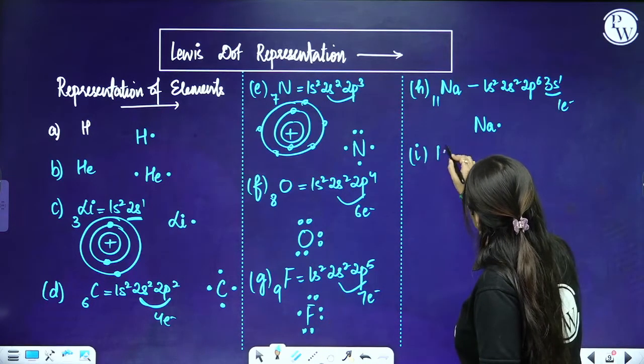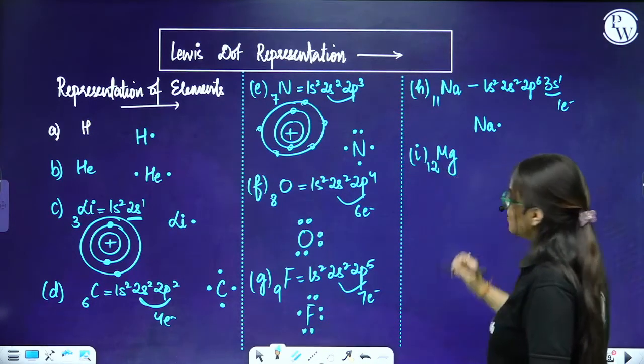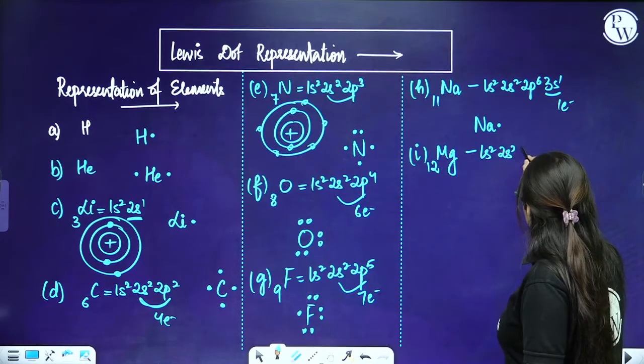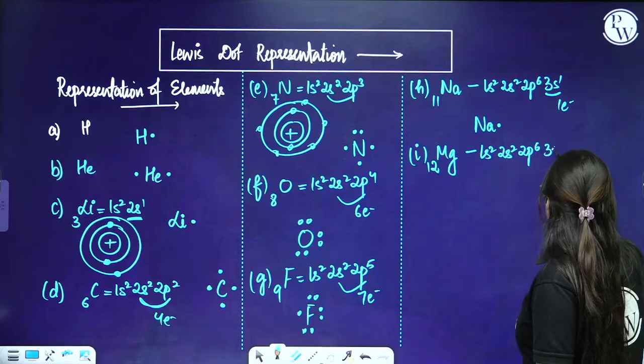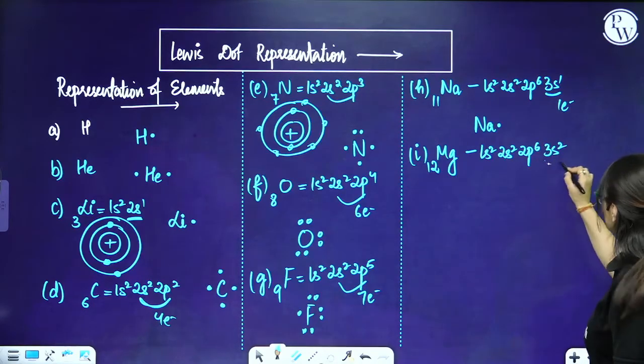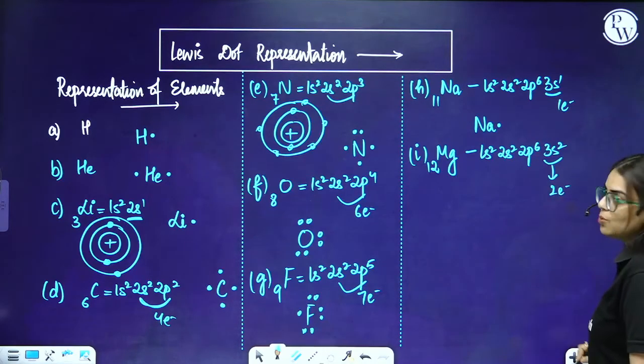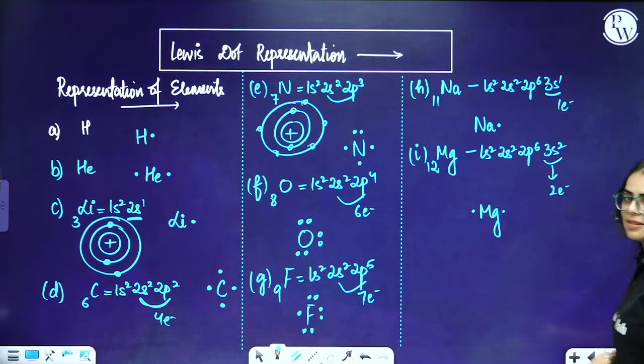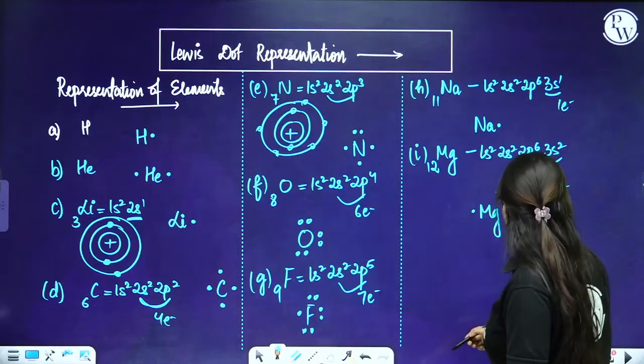Let us take the case of magnesium now. Magnesium has atomic number 12. How will it be represented? 1s2, 2s2, 2p6, 3s2. That means 2 valence electrons. Let us take one more case.